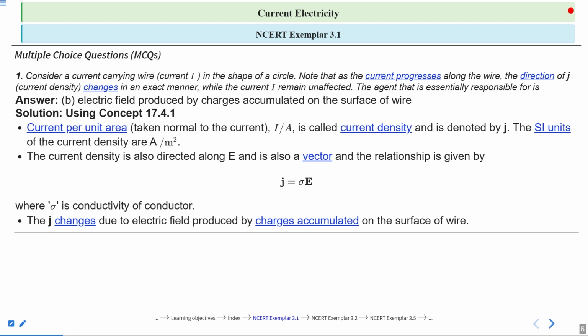Due to this imbalance in the charge distribution, some charges get accumulated on the surface of wire.